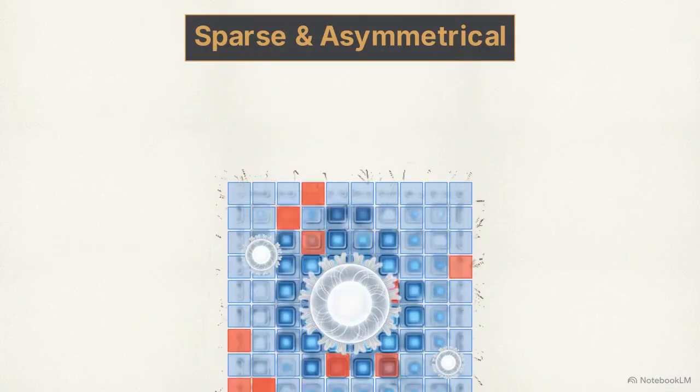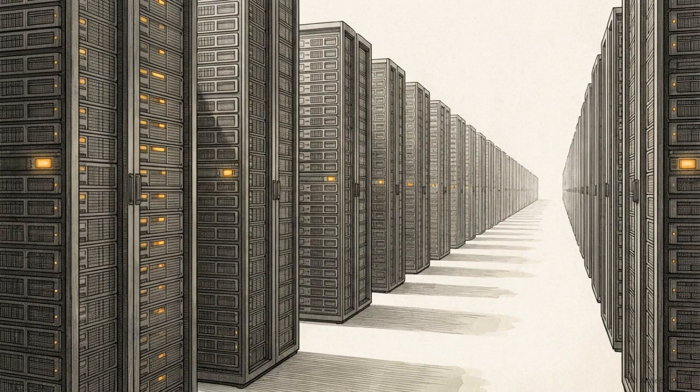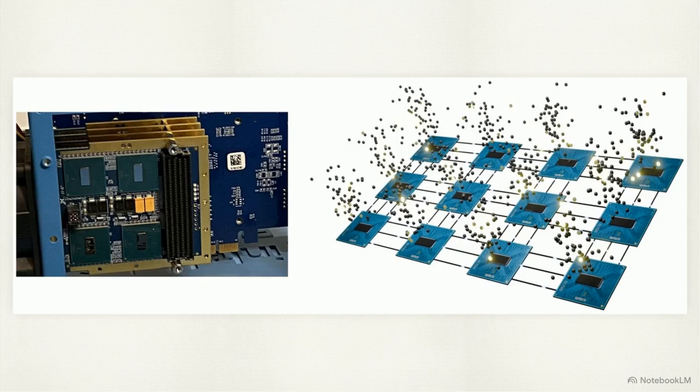Because it is highly sparse and asymmetrical, it severely penalizes GPUs. When a GPU encounters this much irregularity, its cores are forced to sit idle waiting for memory retrieval, destroying its computational efficiency.